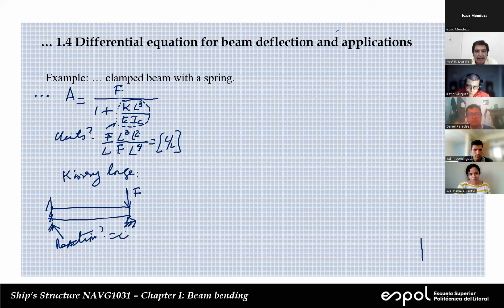Exactly. Make sense? This support is taking all the force. Now you see here, if K is very large, it's in the denominator. F over something which is very large will give you 0. So A tends to 0. Makes sense. The other case, what happens if we had no K, no spring?